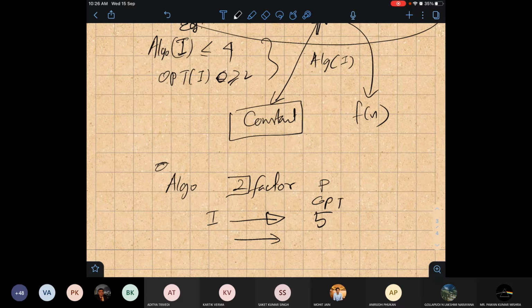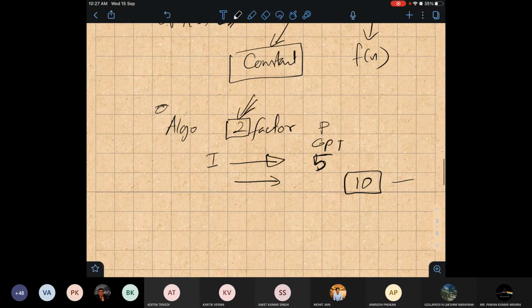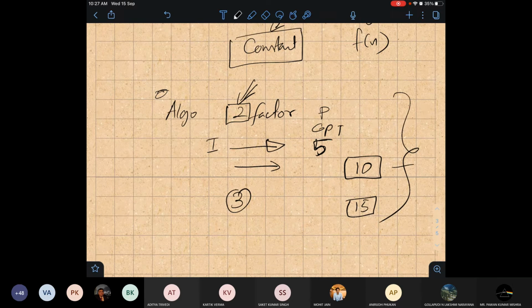Since our algorithm is two-factor, at max my output will be 10, not more than 10. I cannot guarantee 5, but I ensure you that I will give you something up to 10, since I have designed a two-factor algorithm. If it is a three-factor, then I ensure you that I will not give you output more than 15. So this is basically the concept of a factor.